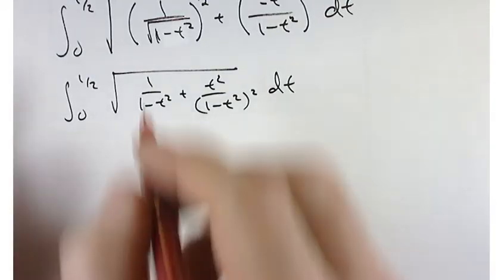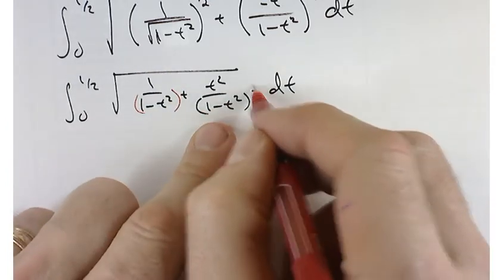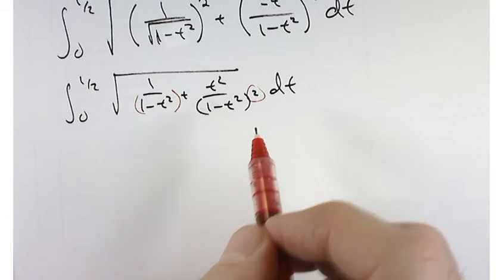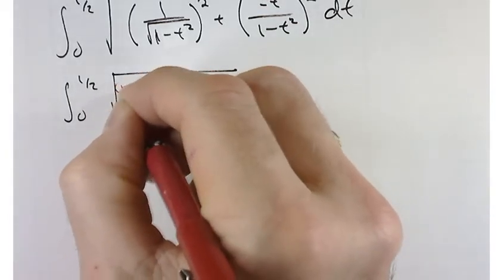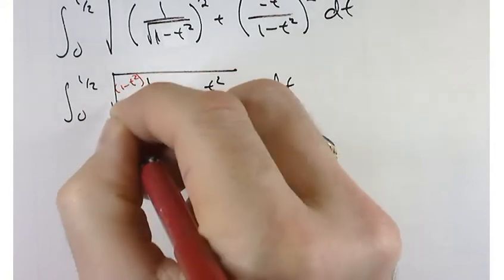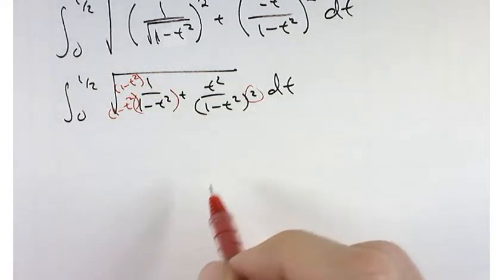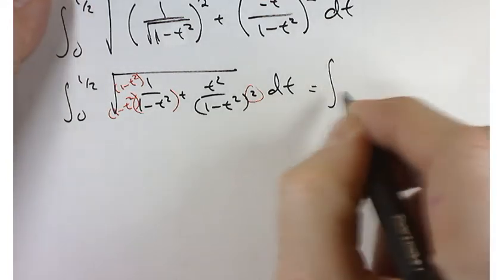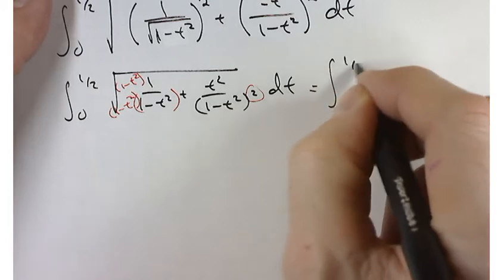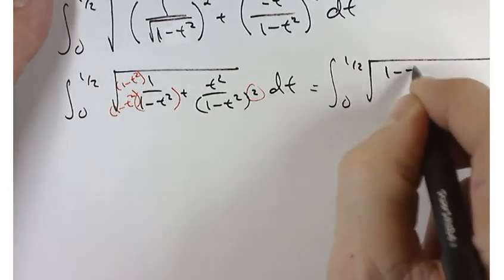Need a common denominator. So the common denominator in this case is going to be this term squared. So what we're going to have to do is I'm going to have to multiply by 1 minus t squared over 1 minus t squared. So let's see what that does for us. That's going to be the integral from 0 to 1/2 square root of 1 minus t squared, right?